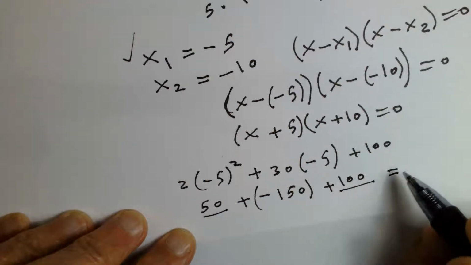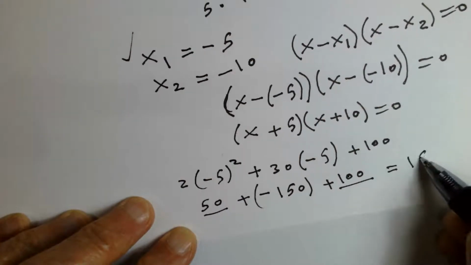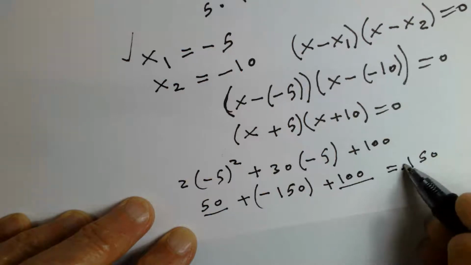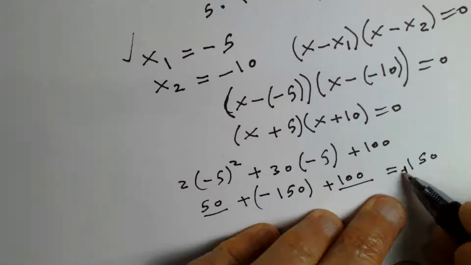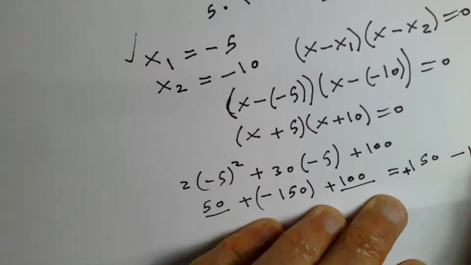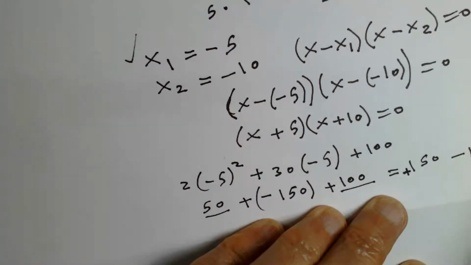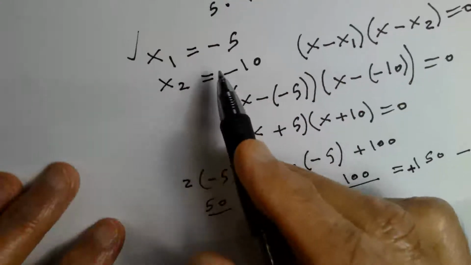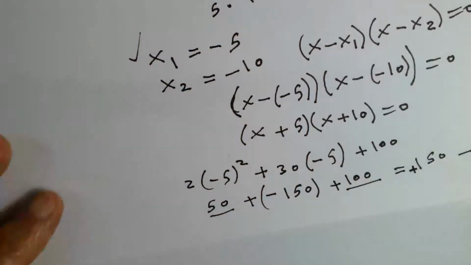So we have 150 positive and 150 negative. That's it. So minus 5 works in our equation.